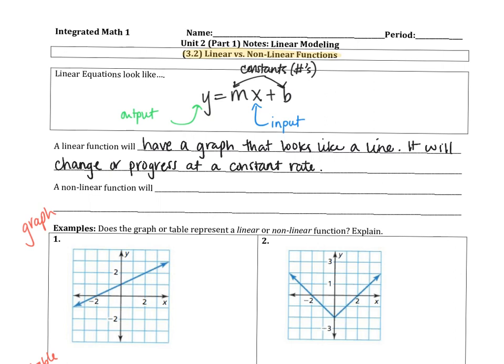A nonlinear function will have a graph that is not a line, not a straight line. Okay, and it will not change at a constant rate.